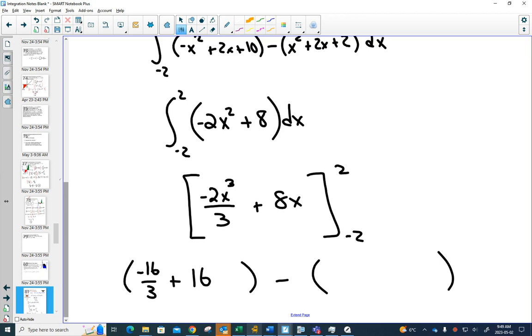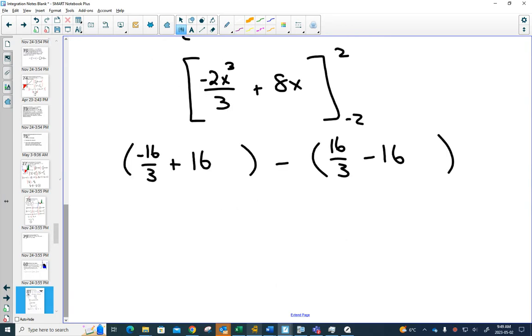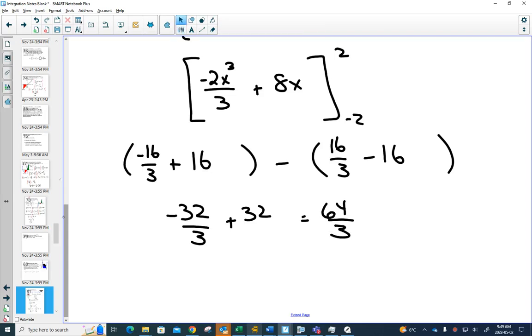Plug in 2, plug in -2. -16/3 minus 16/3 will be -32/3. 16 plus 16 plus 32. Get a common denominator, add them up, and we get 64/3.